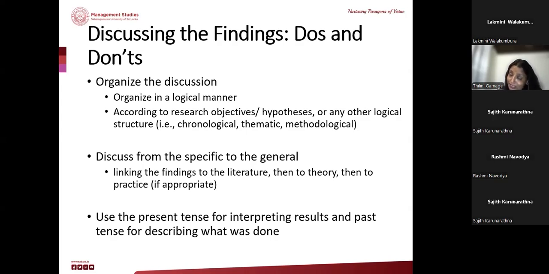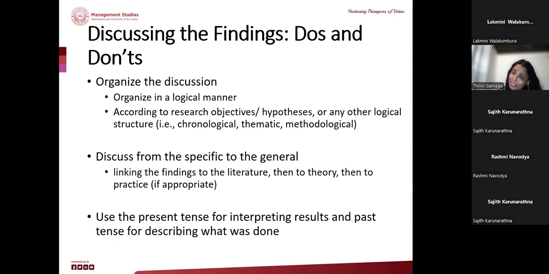When you're thinking about the broad implications stemming from your findings, you can think about how your findings first fit with the existing literature, whether they complement the findings in existing literature, or whether there are any contrasting points or contradictions.